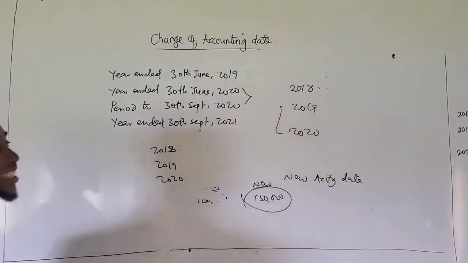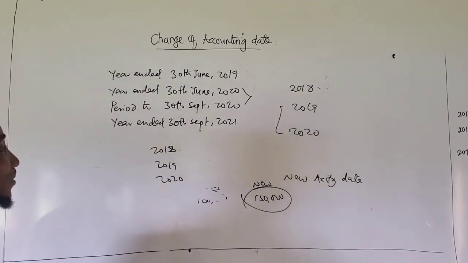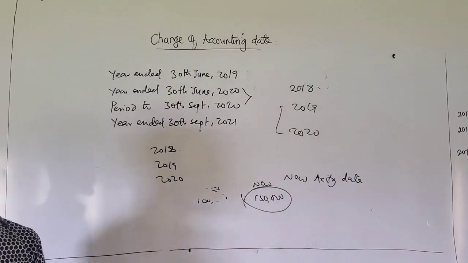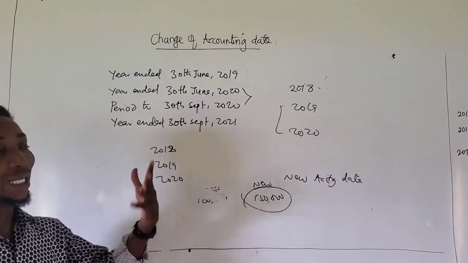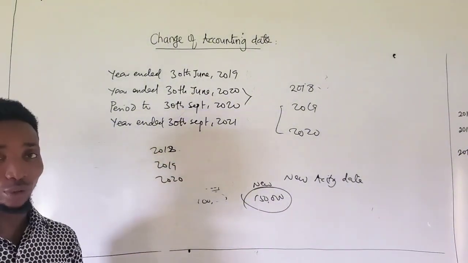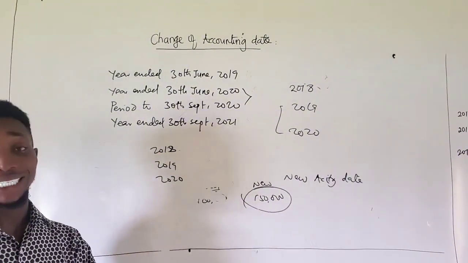Now you are seeing 2020, 2020 in one question. How is that possible? But when you know the principle, no matter how they try to twist the question, you always use the principle as a guide.